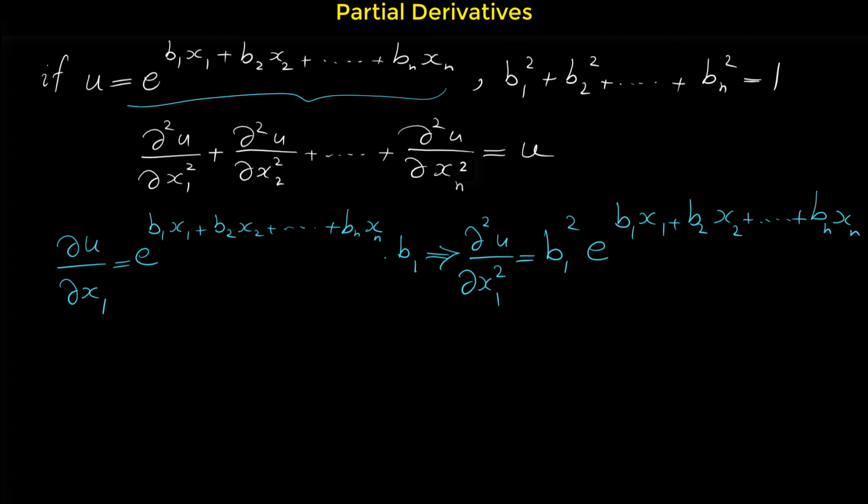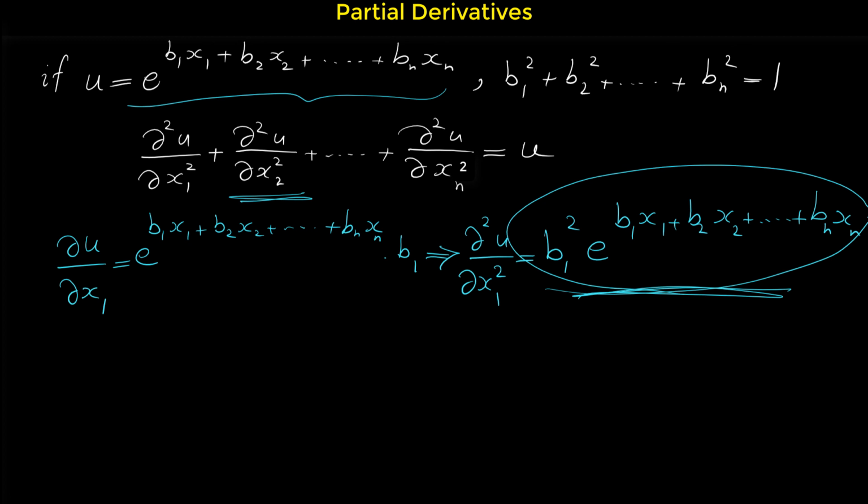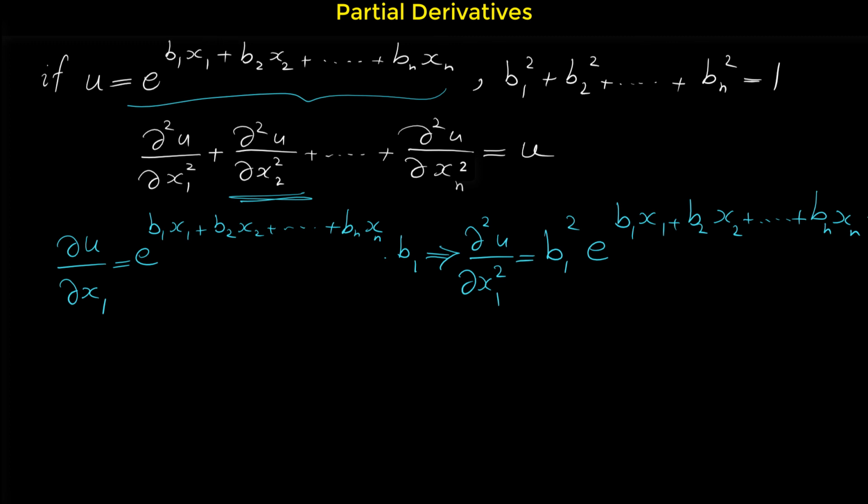Because of the symmetry in this function between variables, if we do the same calculation for x2, we get the same expression, but the difference is that instead of b1 squared we have b2 squared. For the next variable we have b3 squared, and finally for xn we have bn squared.